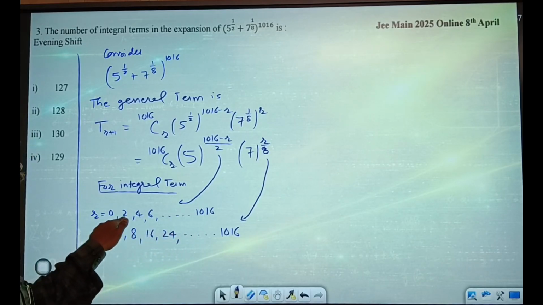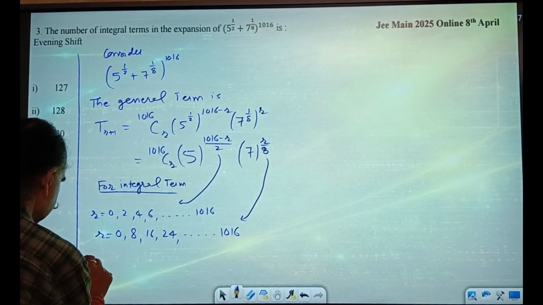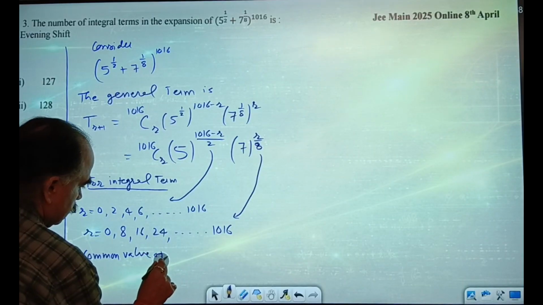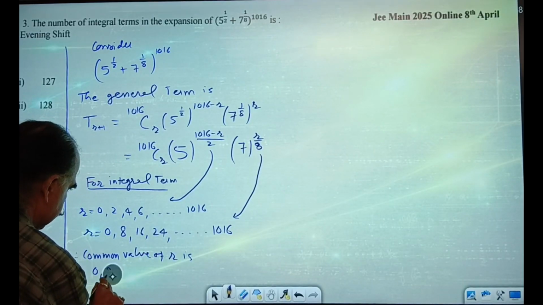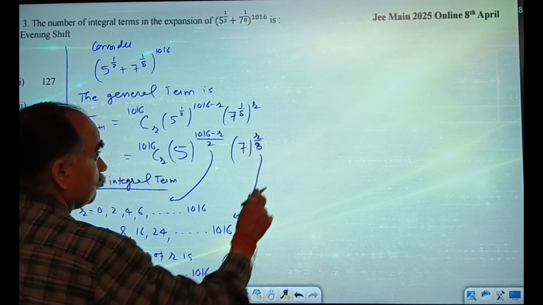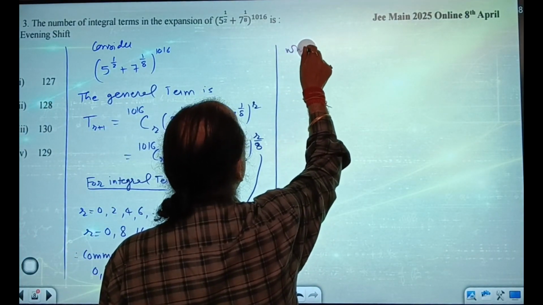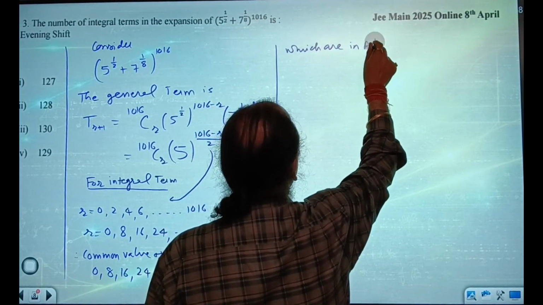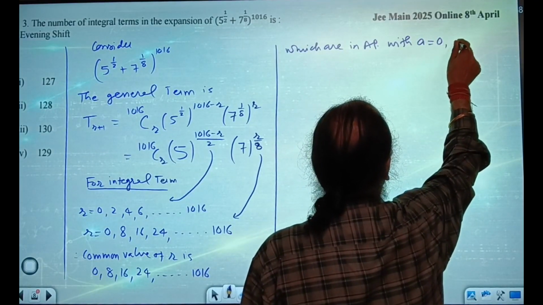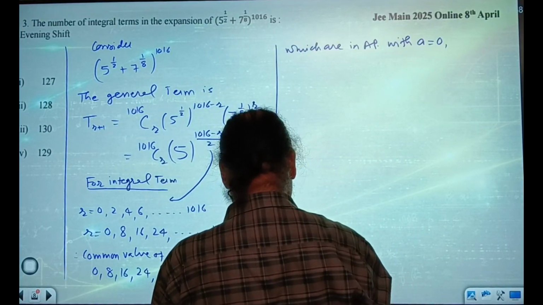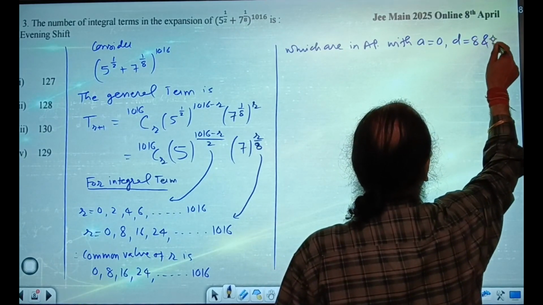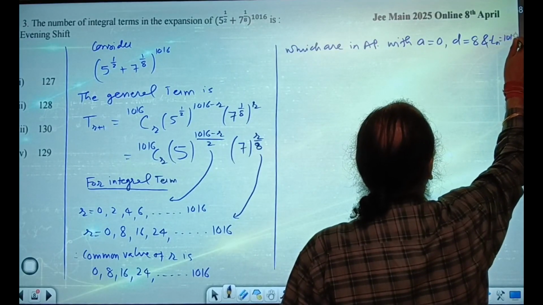So all the terms of this will come in the other, so we have to take the common values. Therefore, the common values of R will be 0, 8, 16, 24, up to 1016, which are in AP with A equal to 0 and D equal to 8.